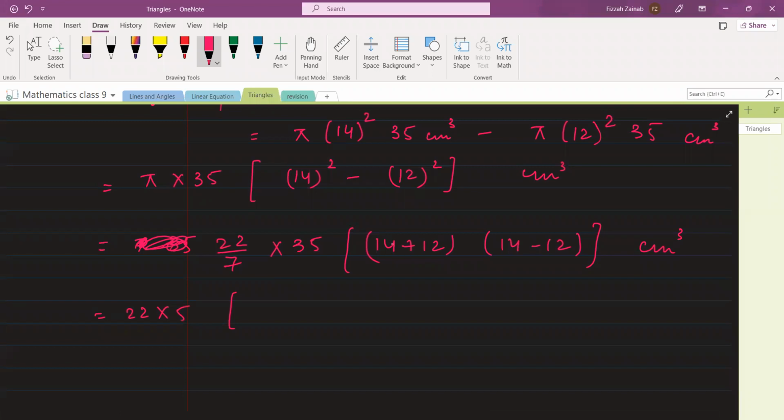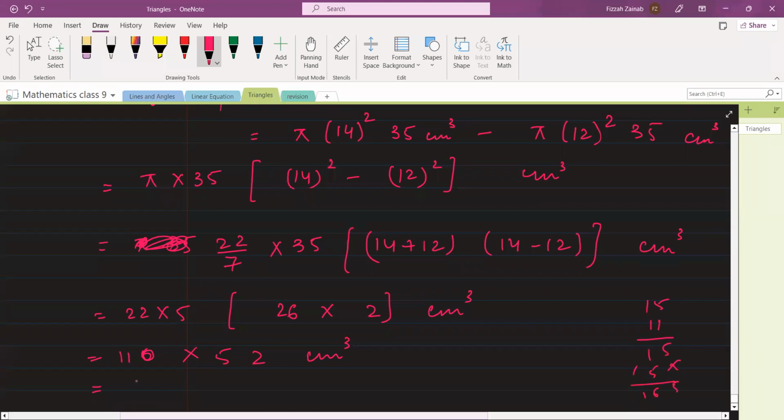So here you get 26 into 2, right? Centimeter cube. So 22 into 5 is 110, and 26 into 2 is 52. Now you can see calculations are so simple now, right? So this you can multiply. So 52 into 110 gives 5,720. So this way you will not have to multiply big numbers and then do the subtraction.